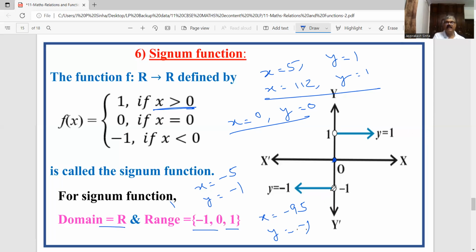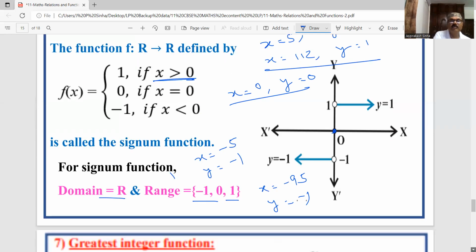And take any negative value for x, then you will get y is equal to -1. Correct? So this arrow represents that for any positive value, y is equal to 1. For any negative value, y is equal to -1. So domain is the set of real numbers, and range is -1, 0, and 1. Only 3.